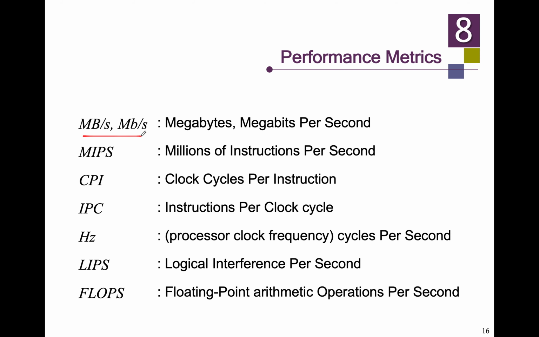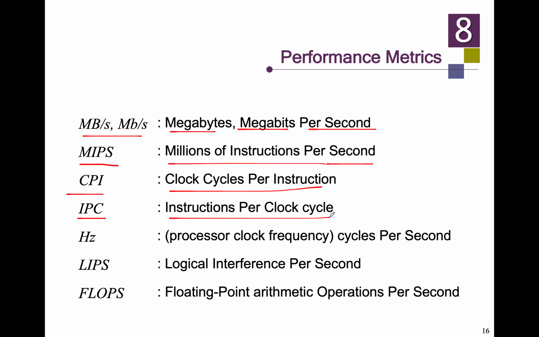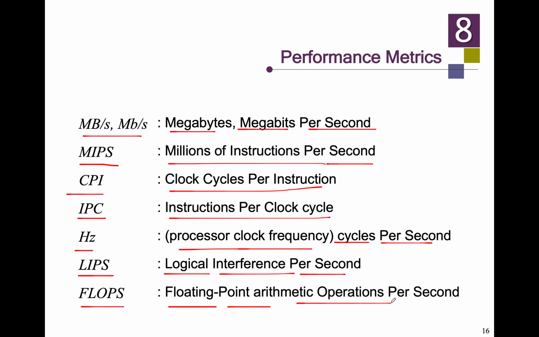You're going to play around with MB per S or megabyte per second, and MIPS or millions of instructions per second, CPI clock cycles per instruction, IPC instructions per clock cycle, Hertz, processor clock frequency cycles per second, LIPS logical inferences per second, and lastly FLOPS, which is floating point arithmetic operations per second.